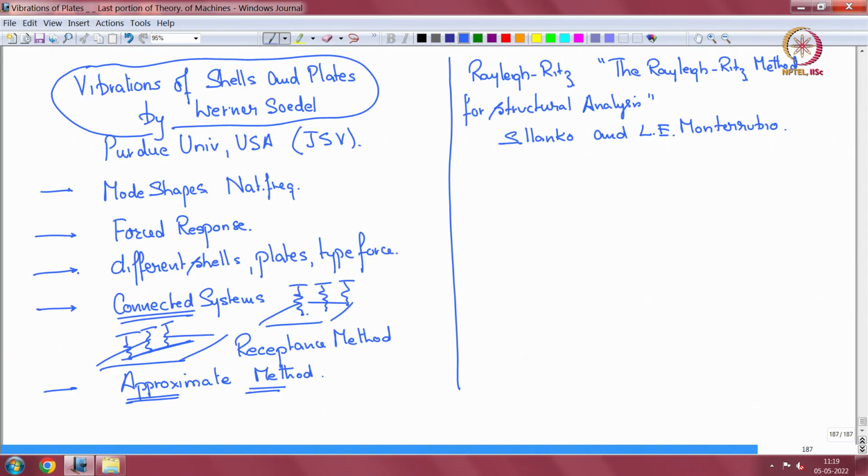So, I will use these texts. In addition, I will also use some journal papers, especially for the Rayleigh-Ritz part and so forth.